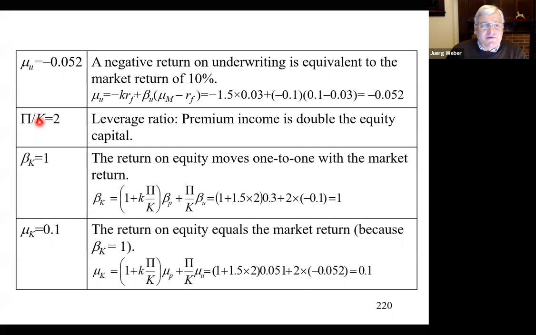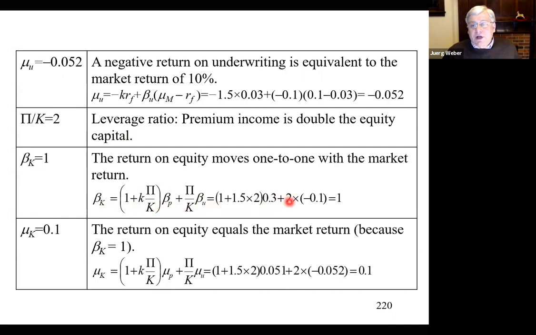So here we have the leverage ratio, again, that you get from the annual report of insurance companies. And with this information, you can now calculate the beta K. Beta K is a weighted average of beta p and beta u.